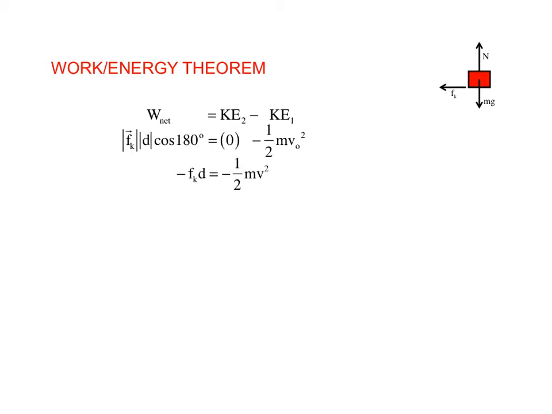So the left-hand side is simply going to end up equaling minus the frictional force times the distance over which it's applied. And that's going to end up equaling the change in the kinetic energy. And if we deal with the negative signs and then bring the frictional force down, we end up with this final relationship that identifies how far the body will travel before it comes to rest. Which is to say, we've just solved the problem.